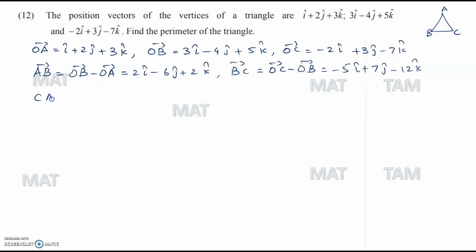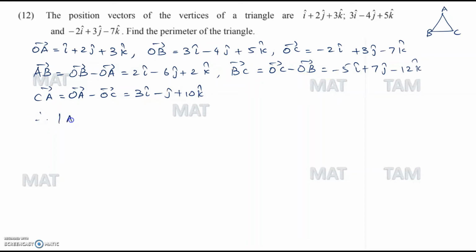And our vector CA will be equal to vector OA minus vector OC. So that's 3 i cap, and 2 minus 3 will be minus j cap, 3 plus 7 will be plus 10 k cap.